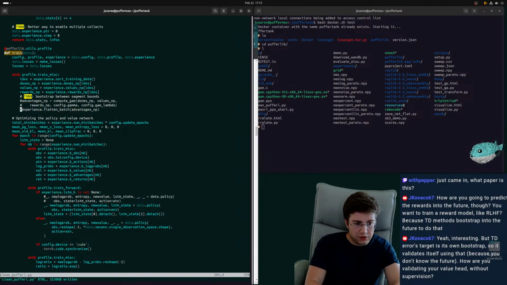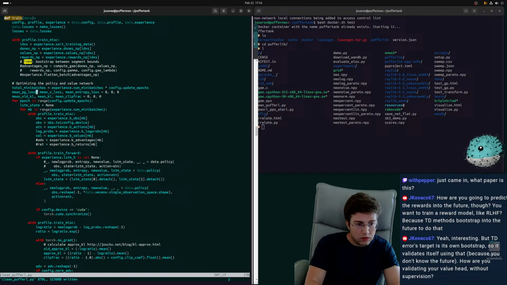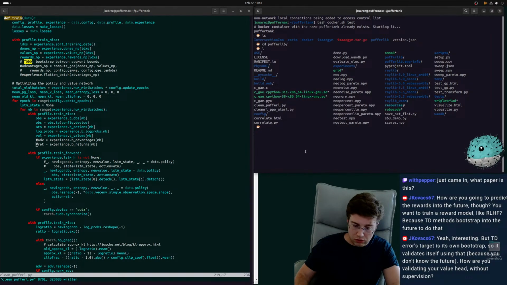Okay, so you don't have advantages here, right? So the first thing, value has to predict reward. Let me make sure I get the indexing correct on this real quick.